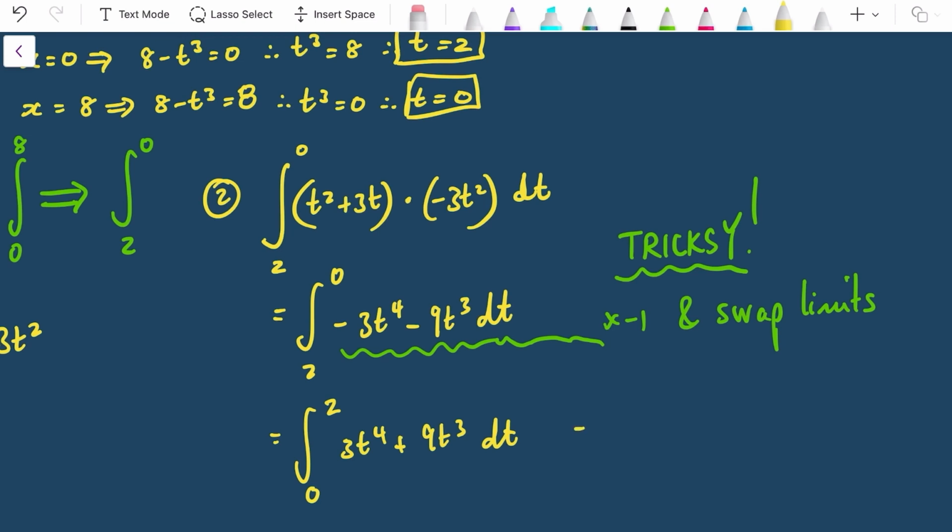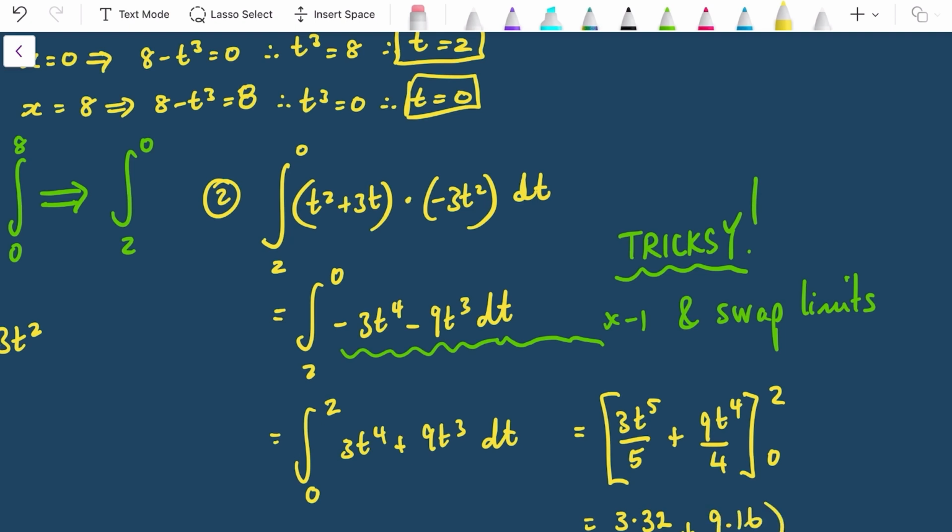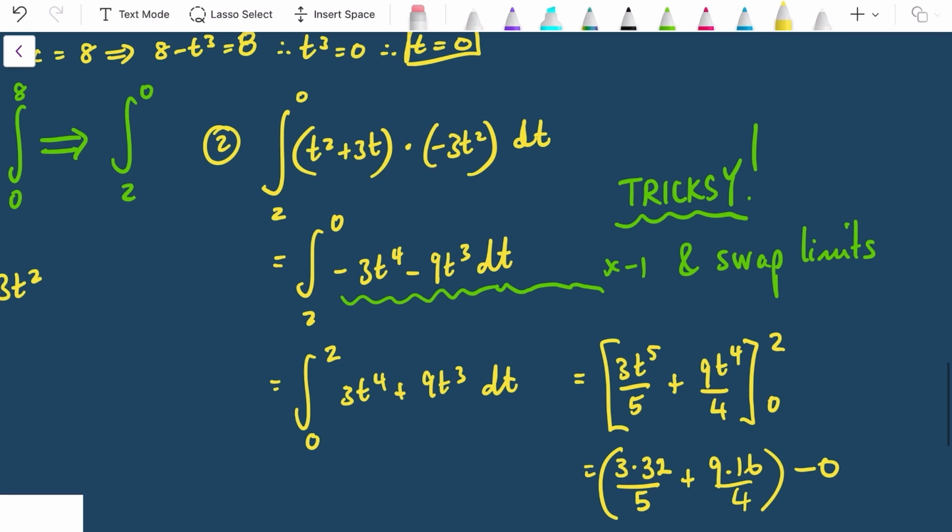So when I integrate it, this will become 3t to the 5 over 5 plus 9t to the 4 over 4, between 2 and 0, which means I will have 3 times 32 over 5 plus 9 times 16 over 4, subtract 0, which very nicely will give me 276 over 5 for my area.